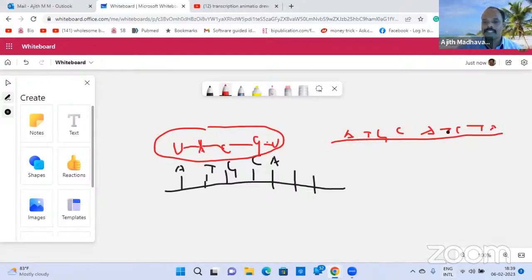Imagine it is at this T that the transcription is going to happen. So this nucleotide is designated as +1. Towards the right-hand side, it is called downstream. Towards the left-hand side, it is called upstream.